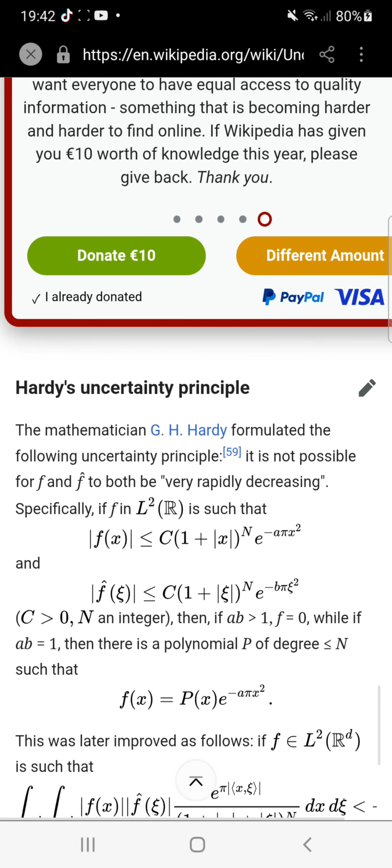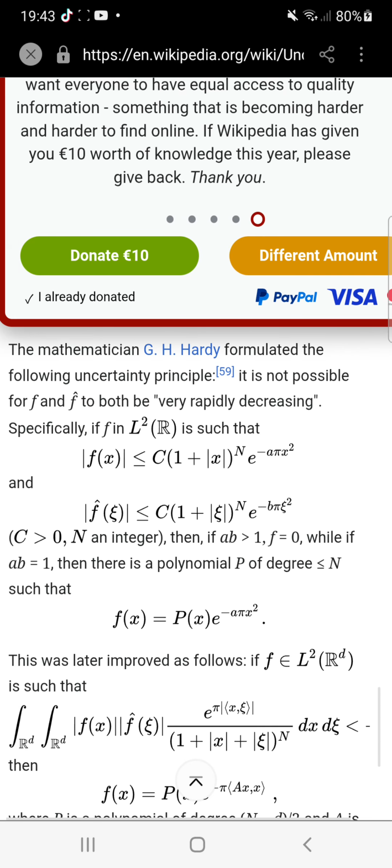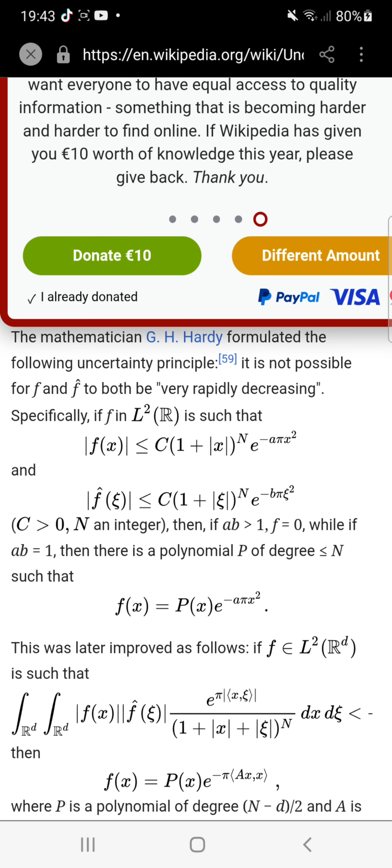Hardy's uncertainty principle. The mathematician G.H. Hardy formulated the following uncertainty principle: it is not possible for f and f hat to both be very rapidly decreasing.